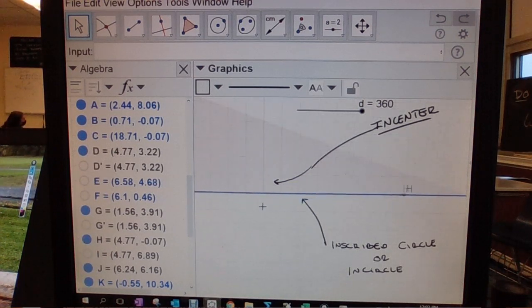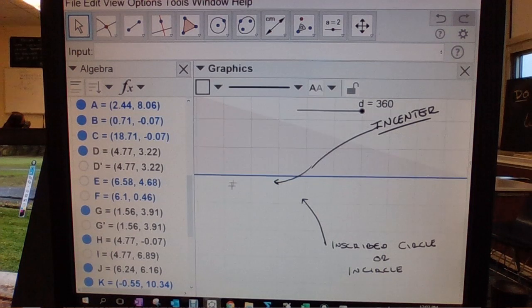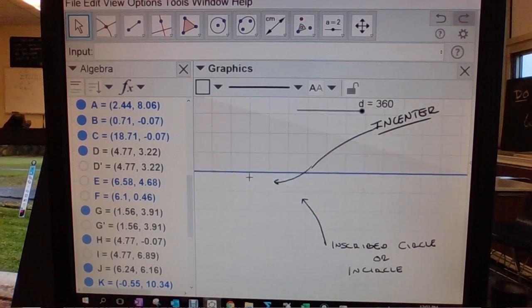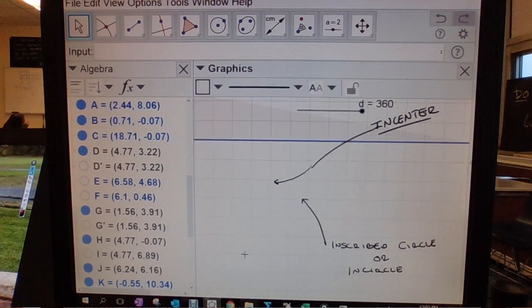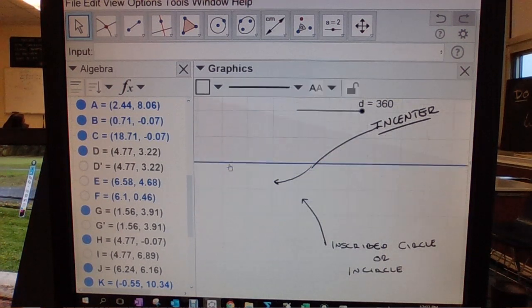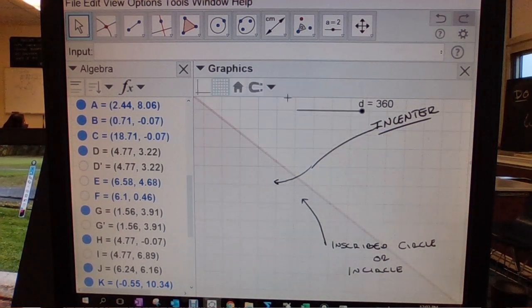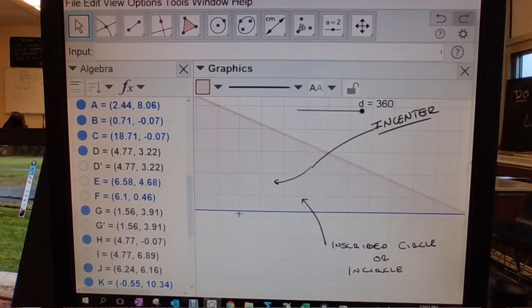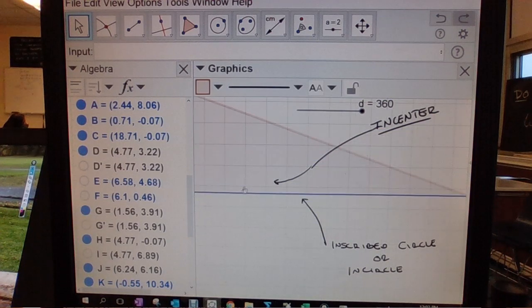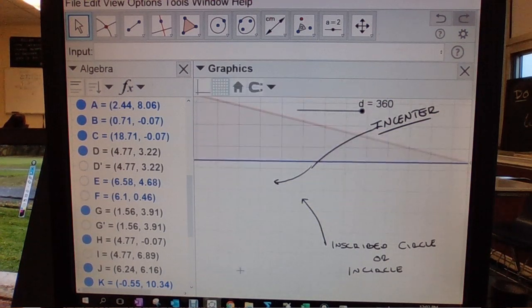You won't be able to see this because of the way this works with zooming in, but I should be able, if I move away from H just a little bit, oh, there's the issue. So at some point, GeoGebra starts acting bizarre on me, bouncing around just because of the level of zoom that we're currently at.